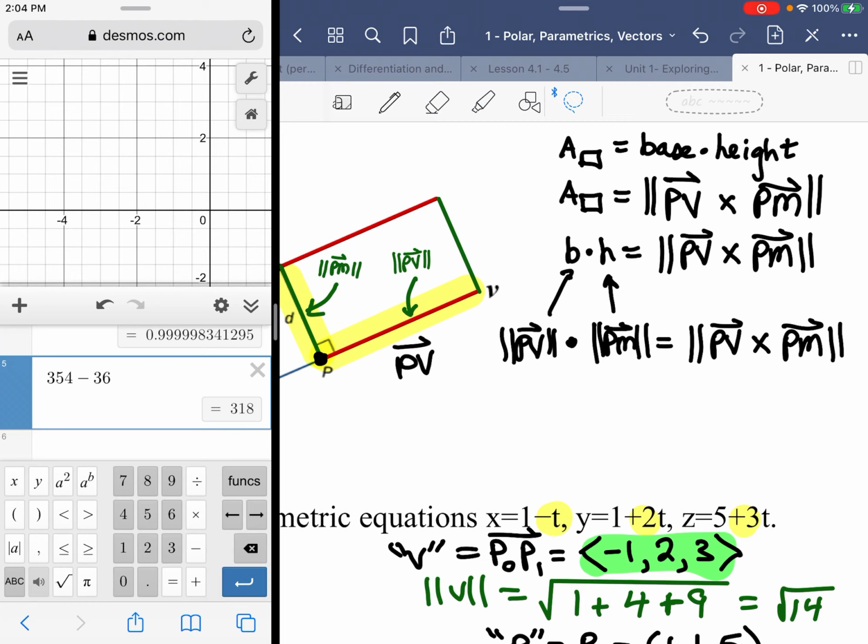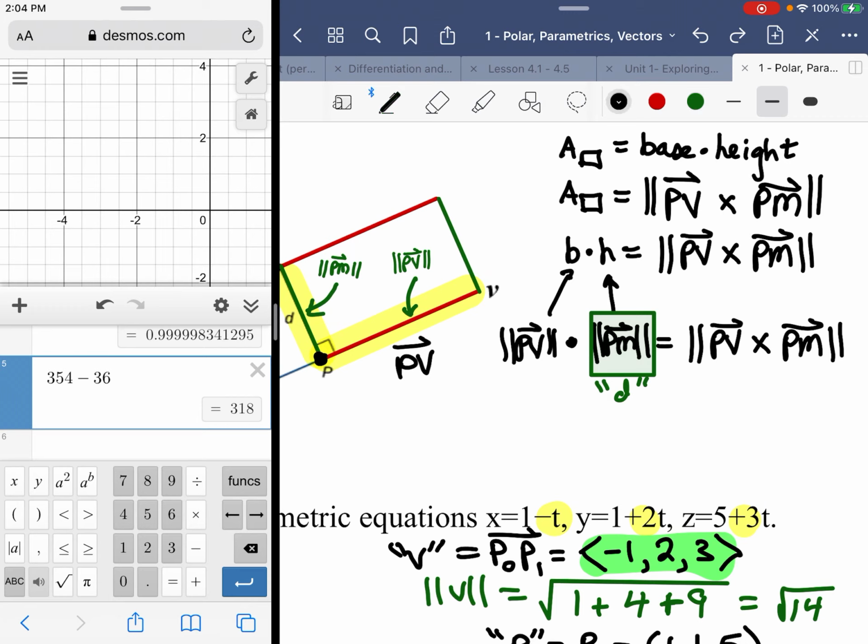So if I'm looking for either PV or PM, I just divide both sides. In this case, I want to hang on to the PM. That's going to be the distance D as labeled in the diagram.